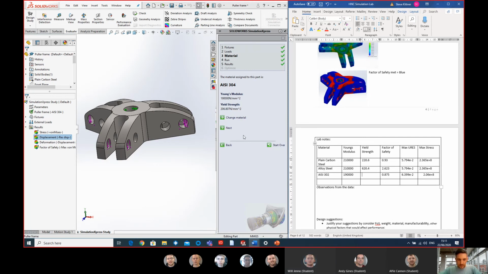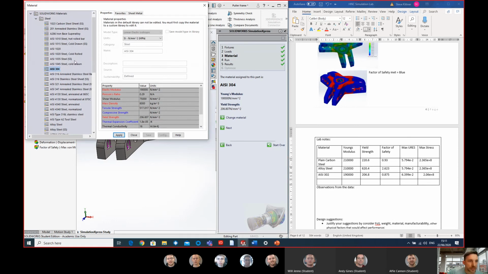Yield strength 206. Okay, let's change the material a final time. Should we try a cast one? Let's try the cast carbon steel.